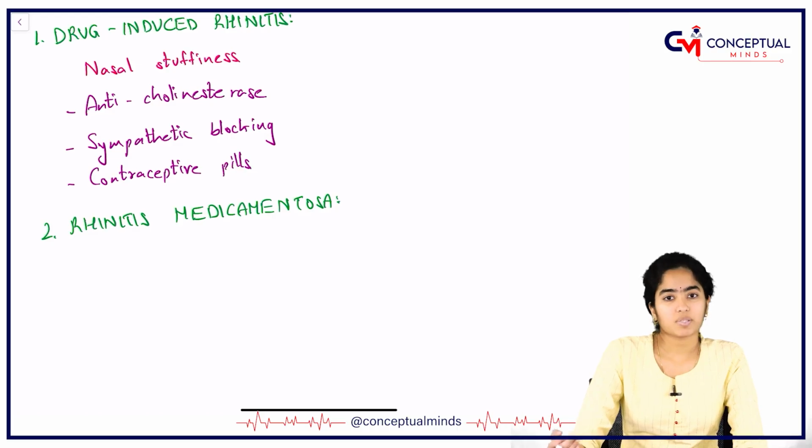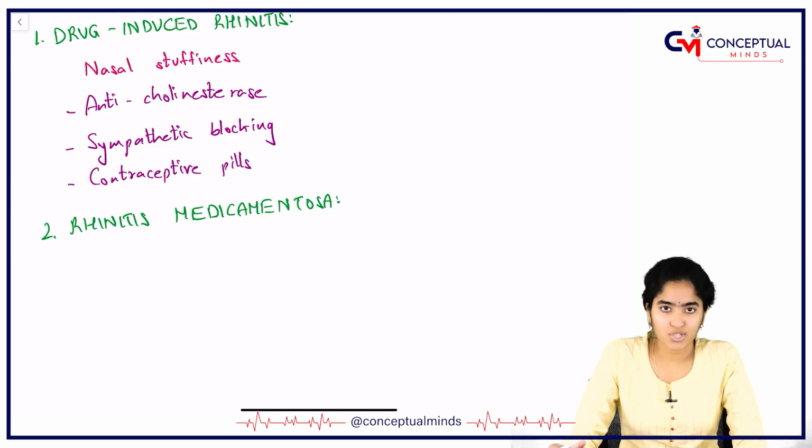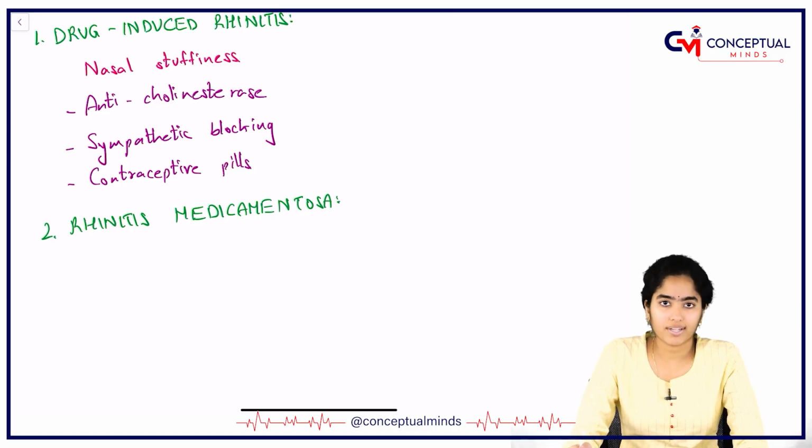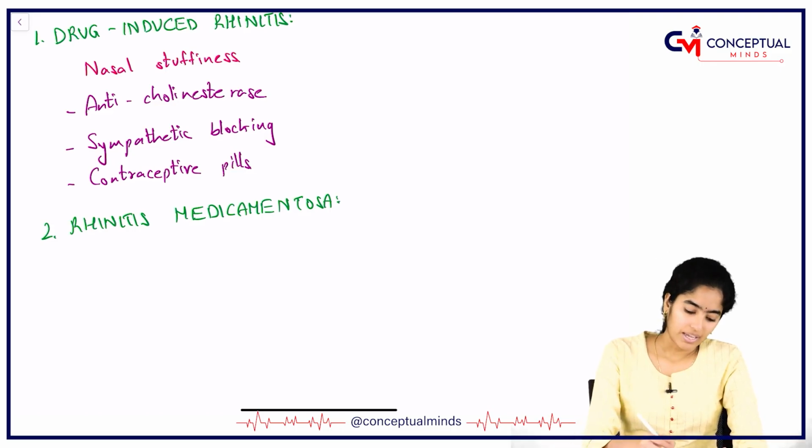In rhinitis medicamentosa, topical decongestant drops are used, and upon prolonged usage, when they are stopped, they cause a rebound phenomenon. Rebound rhinitis occurs. That is the reason these days we avoid decongestant drops in patients of allergic rhinitis, because they have to be used for a prolonged period, and once you stop the drug, it causes rebound rhinitis known as rhinitis medicamentosa. Excessive usage of nasal decongestants is the reason for this condition.